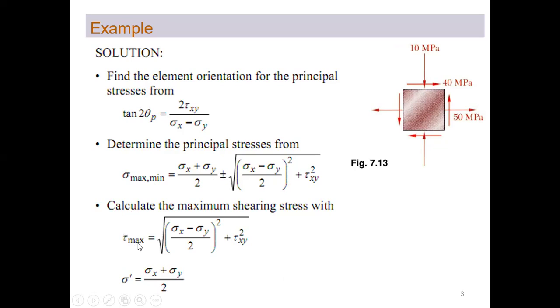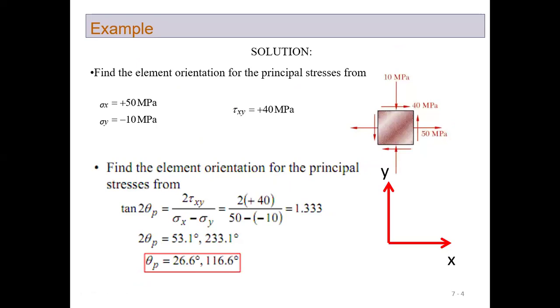This is the analytical model for the maximum shear: the square root of sigma x minus sigma y by 2, whole square, plus tau xy square. You could use this analytical model, and the corresponding normal stress associated with the maximum shear stress is the average stress. For that you could use this analytical model.